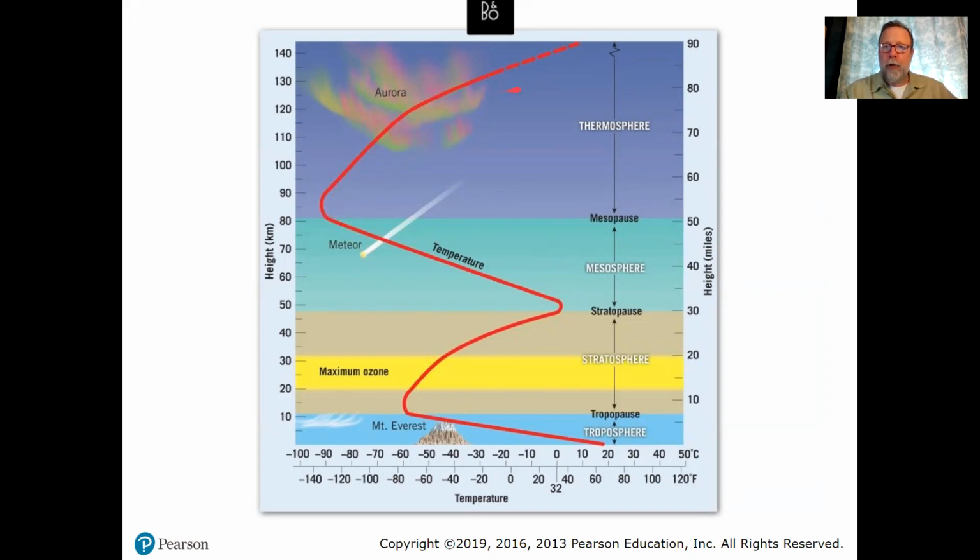we have what is referred to as the thermosphere, and it can get extremely hot in the thermosphere, temperatures of over 1,000 Celsius. And what's happening in the thermosphere is it's really absorbing a lot of the sun's most intense shortwave damaging radiation.